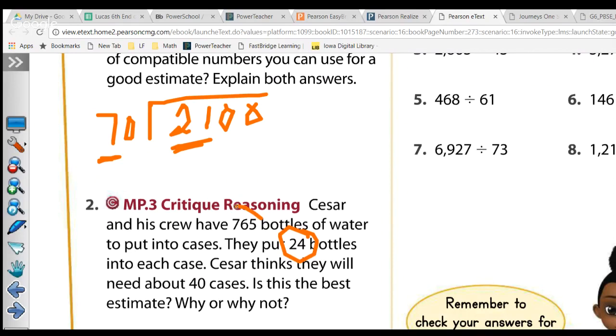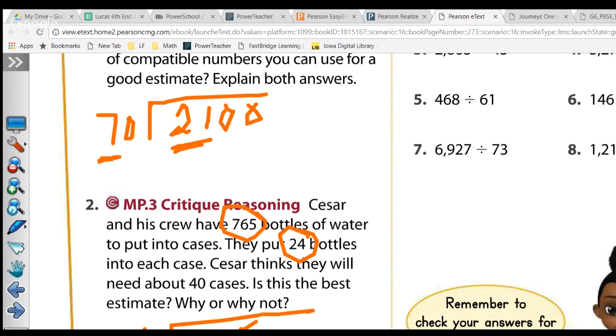So then when I look here, I could have taken that to 750 divided by 25, and I would get an answer of 30. Now, while Caesar's answer of 40 isn't too far off from my answer of 30, my estimate is still better because I'm not changing these two numbers as much as Caesar would have been. So this would be a better estimate than Caesar's estimate.